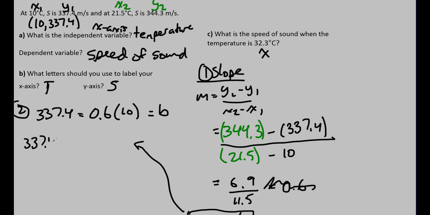So 337.4 is equal to 6. Oops, sorry, that should have been a plus b.